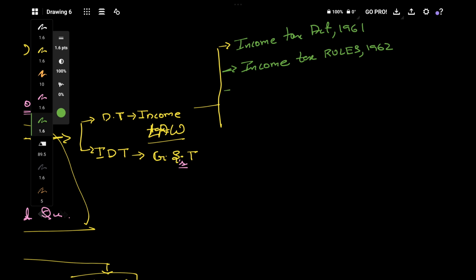I'll explain that, don't worry. The next thing is the Finance Act. That's very important. For the Jan 2025 exam a different Finance Act will apply, and for the May 2025 exam a different Finance Act will apply. Don't worry, we'll discuss that, mostly in this class or the next class. And there are notifications and circulars.